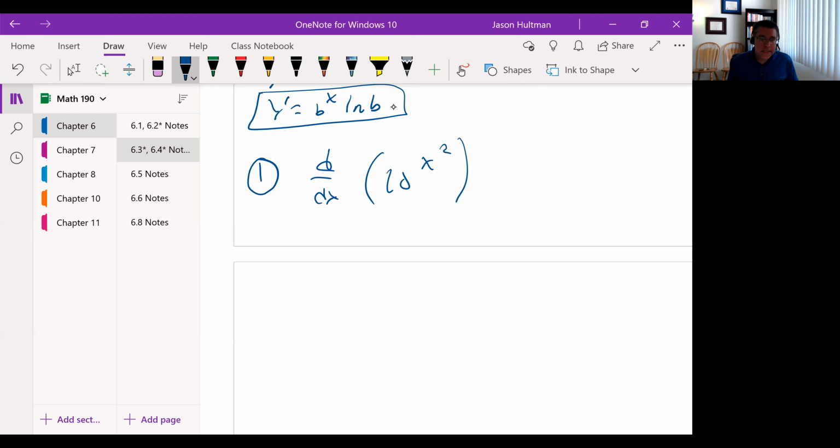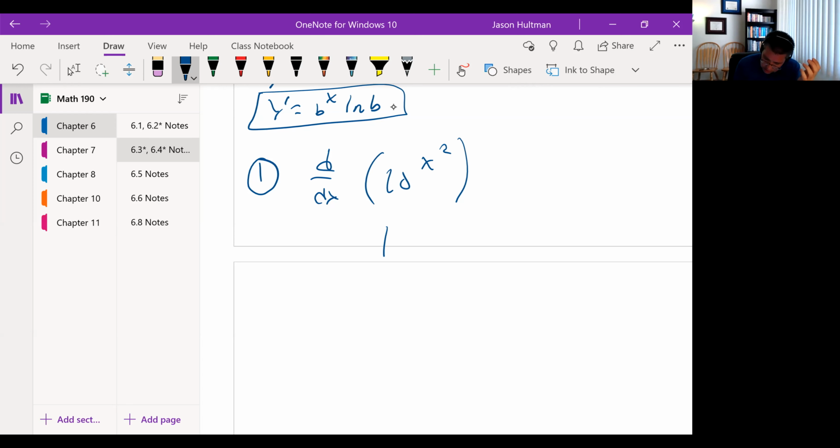So d dx of 10 to the x squared. Let's take the derivative of this. The base is 10, so it's an exponential. The first thing is to say, what's the original function? The original function is 10 to the x squared.